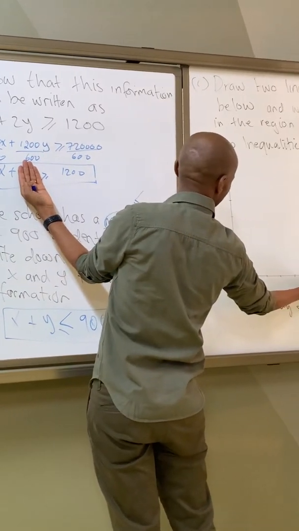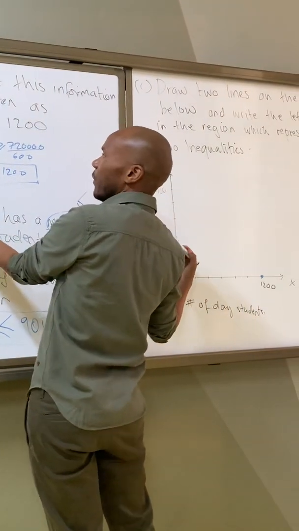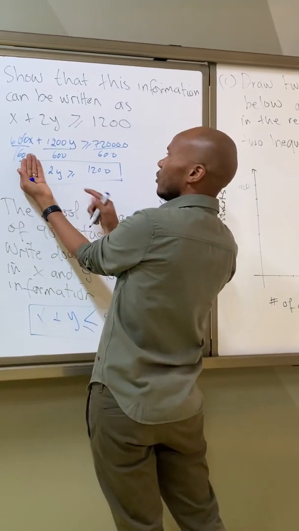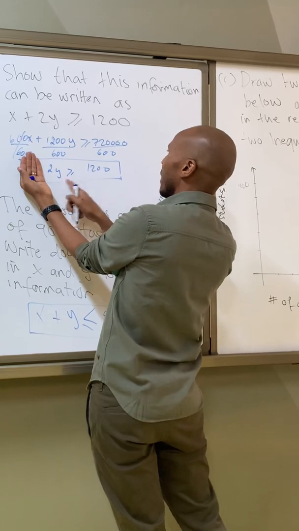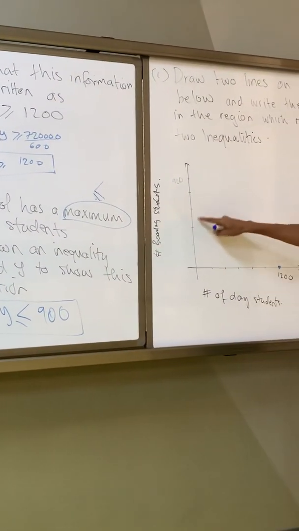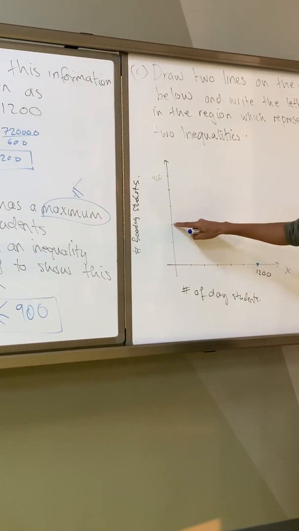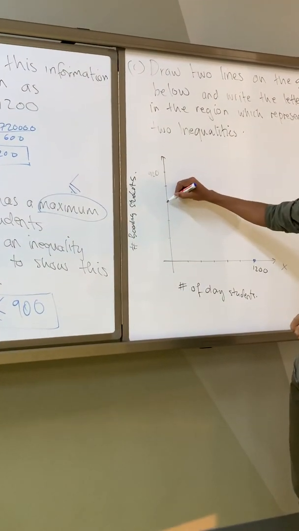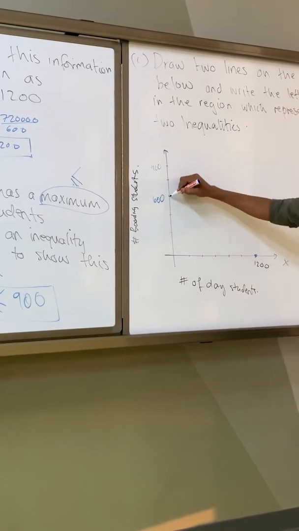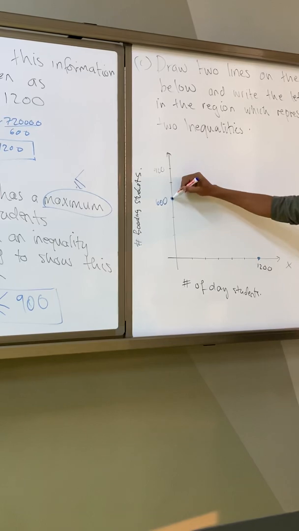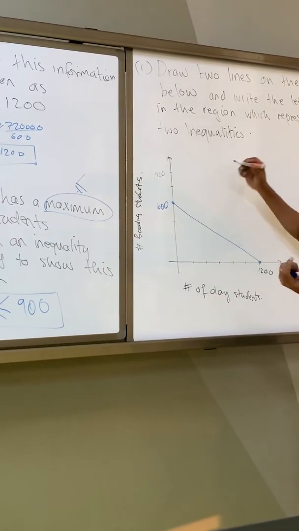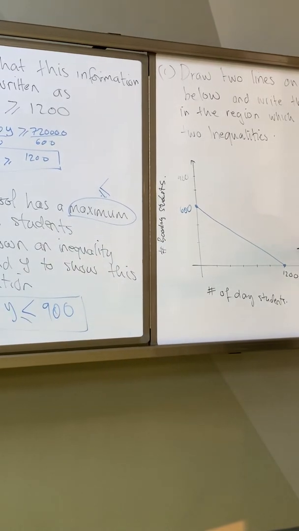And if I want the y-intercept, x will be 0, divide by 2, divide by 2, y will be 600. We can see here it's 200 intervals, 2, 4, 6. So that will be your 600. Then you join the two. So that's the first one.